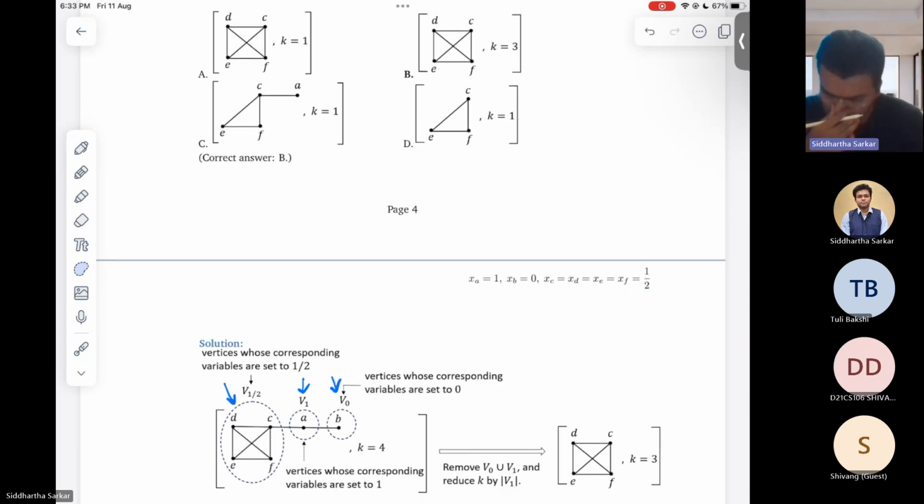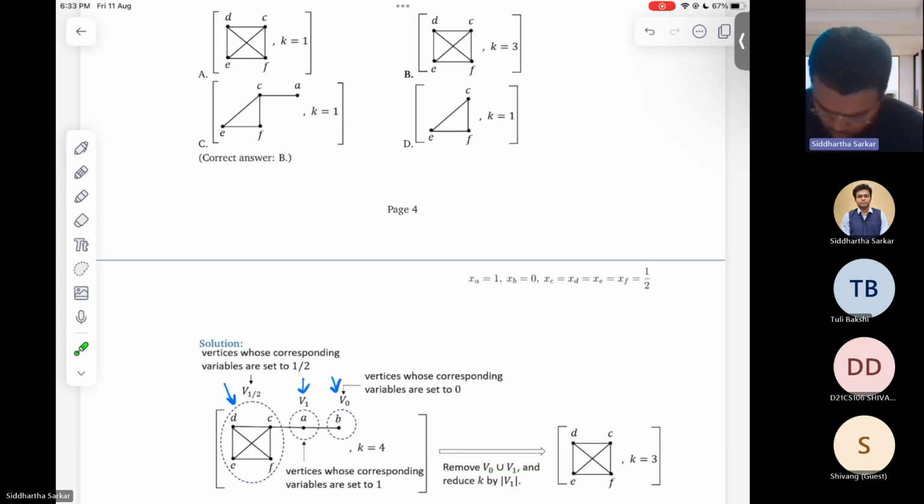So this is our solution, which is an LP optimal solution. All the vertices for which the value is half go to the set V half. The vertices with value 1 go to the set V1, and the vertex with value 0 goes to the set V0. Then you apply the rules: you remove V0 and V1 and reduce K by the size of V1.